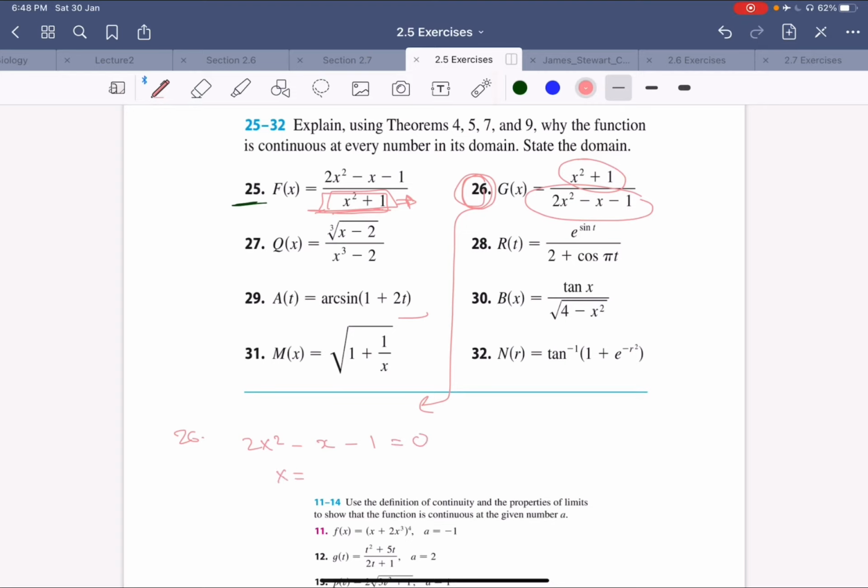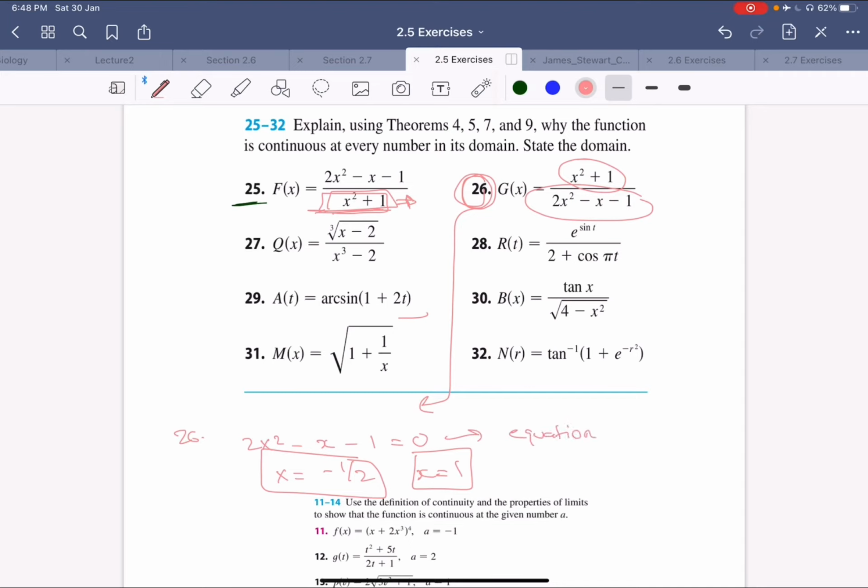The x values will give us negative half, negative 0.5, and x equals 1. You can solve it as an equation.